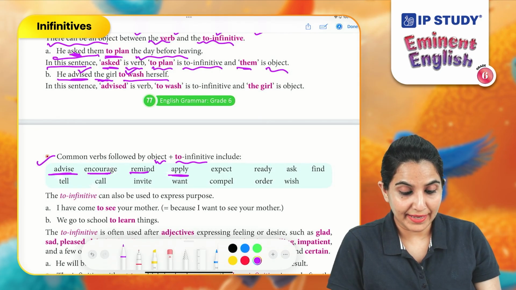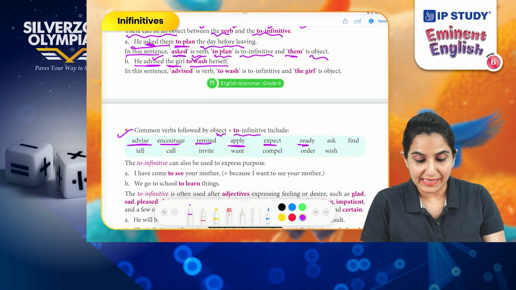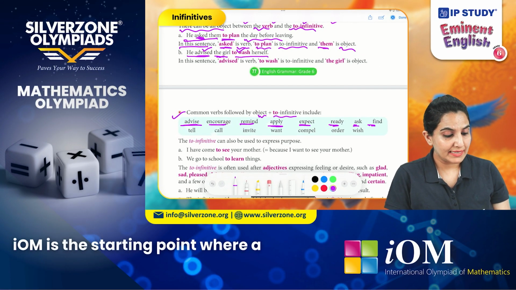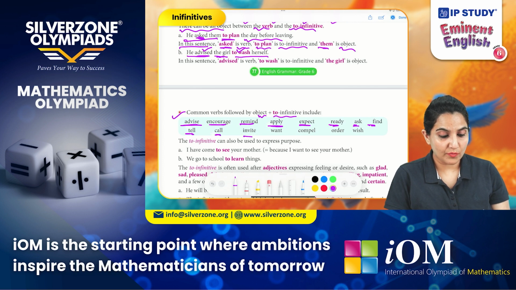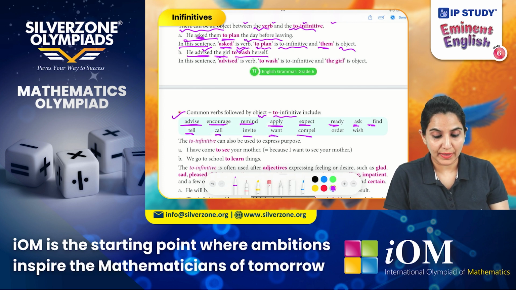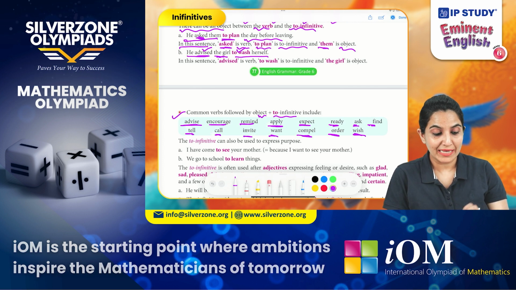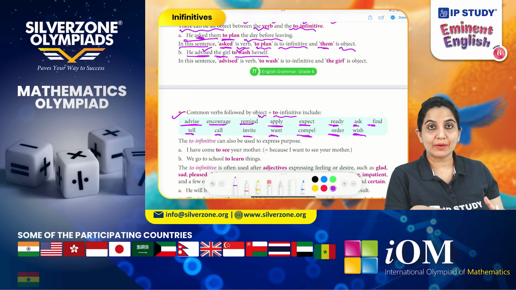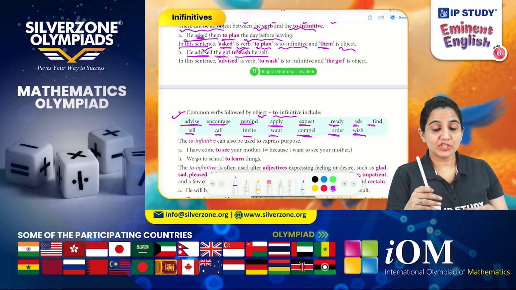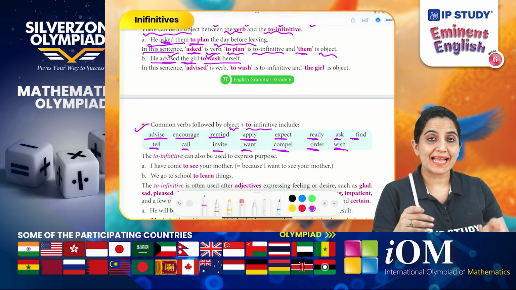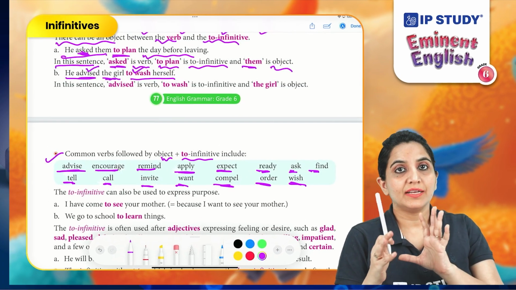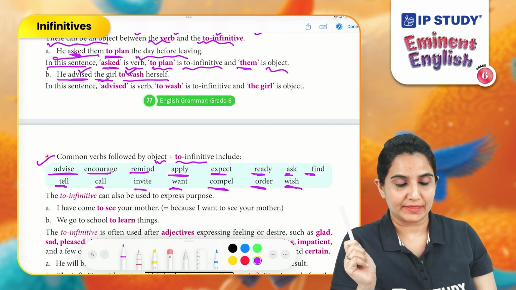Remind, apply, expect, ready, ask, find, tell, call, invite, want, compel, order, wish. These are examples of verbs which require an object and also a to-infinitive to complete the meaning.